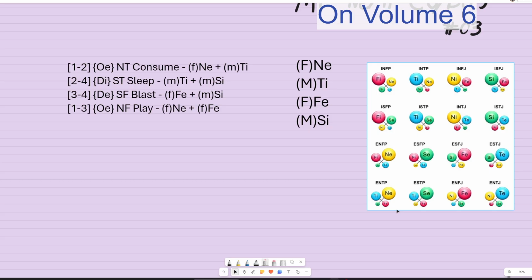You have DI NT consume. Both 1 to 2. And then you have 3 to 4 OE NT consume, and you have 3 to 4 DI NT consume. So at least 4. Could probably multiply that to 8.